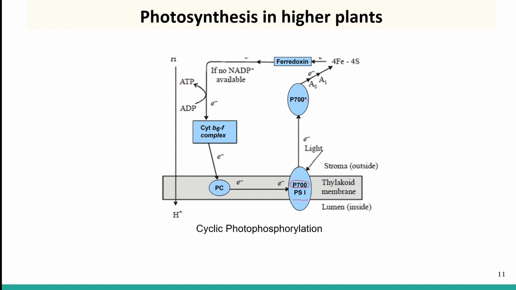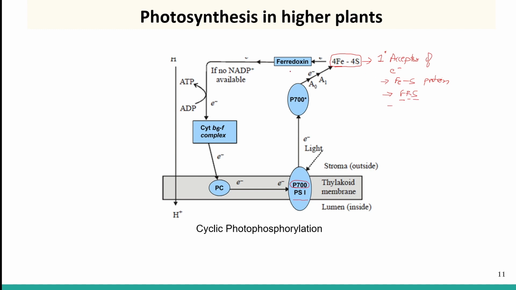It releases electrons, which are accepted by the primary acceptor, which is an iron sulfur protein. This is the primary or first acceptor of electrons, also known as FRS or ferredoxin reducing substance.